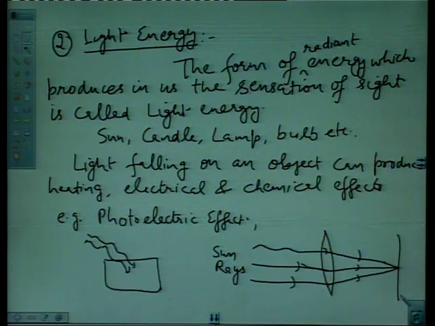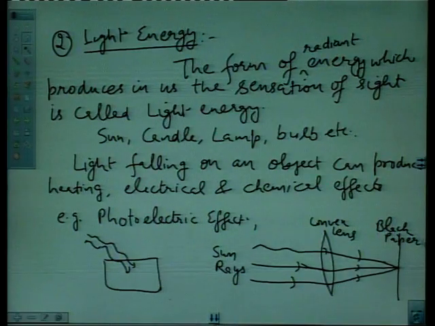If we focus this lens on the black paper, then it can burn this paper, because parallel sun rays after passing through this convex lens can focus these radiations to the given point and can burn this black paper. So, these are effects of light energy, which is heating effect. Similarly, we can have chemical effect also.